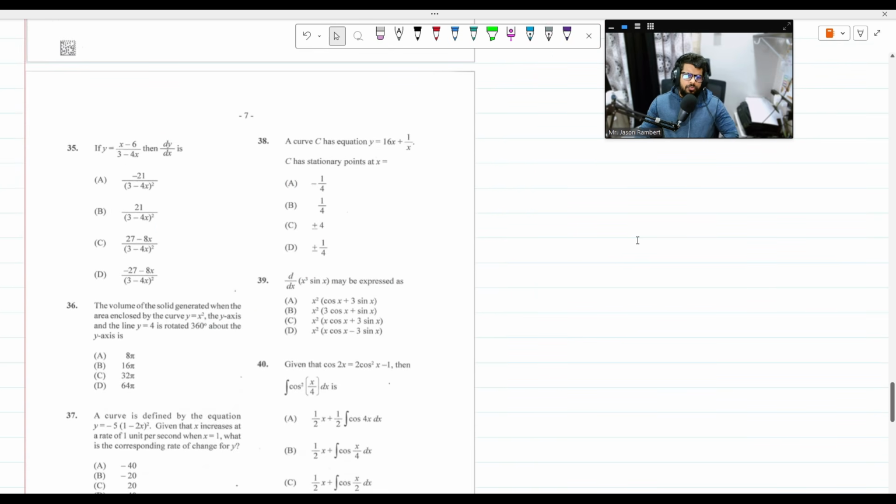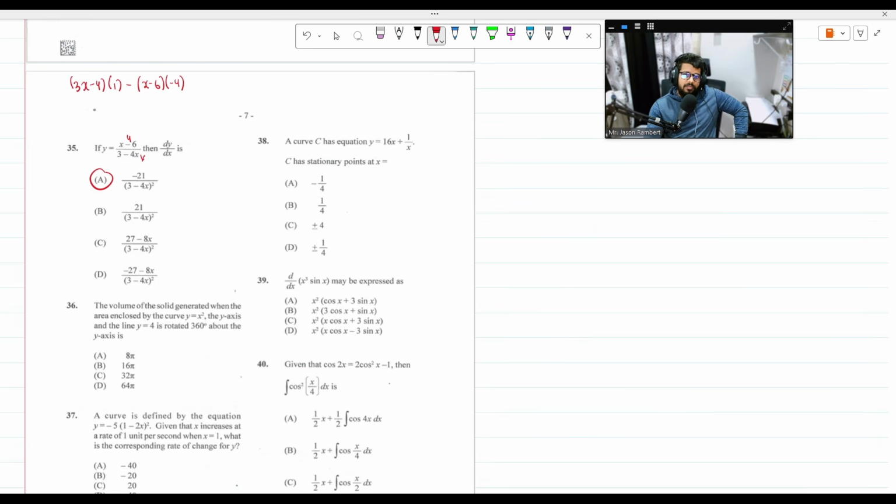Alright, so all the denominators are the same, right? (3x minus 4) squared, (3x minus 4) squared. Good. So I'm just concerned with the numerator. I know it's going to be minus 21, but we're going to show it, right? This is u, this is v. We're going to get v du dx minus u dv dx, all over v squared.